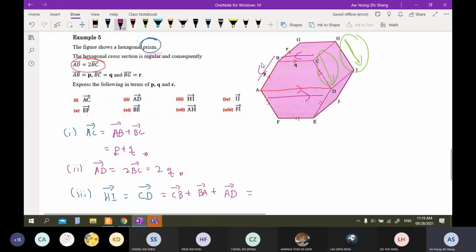Now what is C to B? C to B is the opposite of BC, so you have negative Q. And BA is the opposite of P, so we have minus P. And AD, from the answer in part B, is plus 2Q. So you end up getting minus P plus Q, and done.